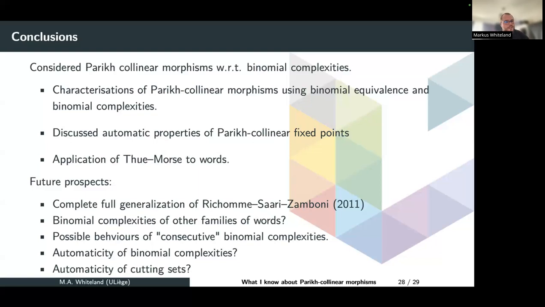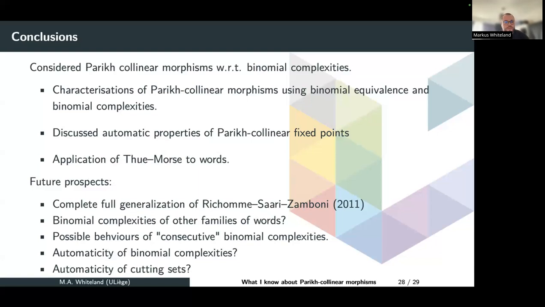An interesting aspect that I did touch upon in this talk is the possible different behaviors between consecutive binomial complexities. So here we had these chains which collapse to the factor complexity, but maybe more of the flavor of how much can the complexities differ. Can you go from constant to full complexity, for example?